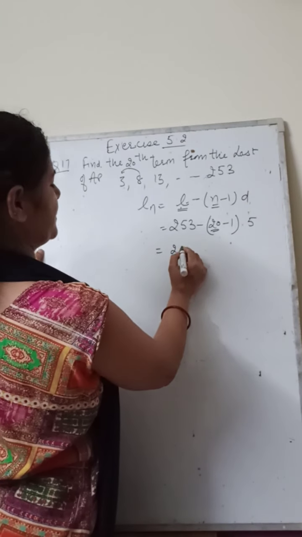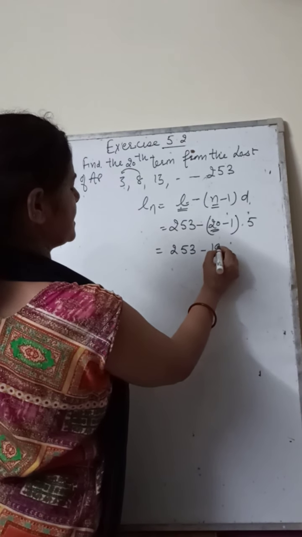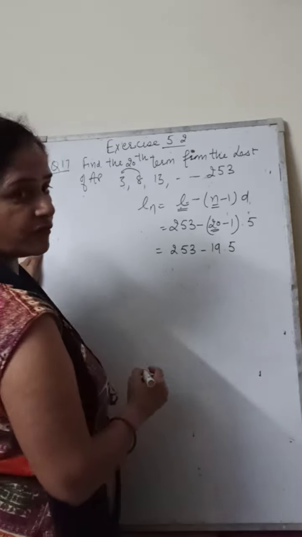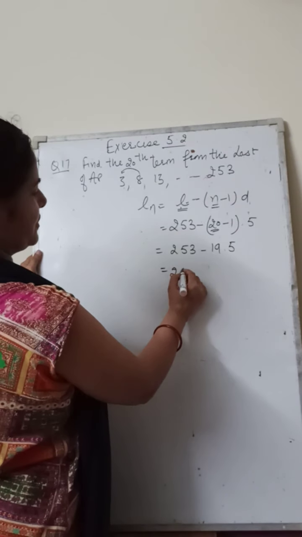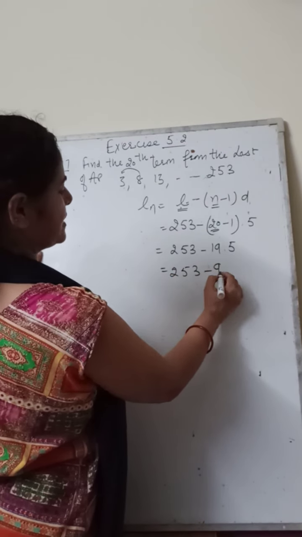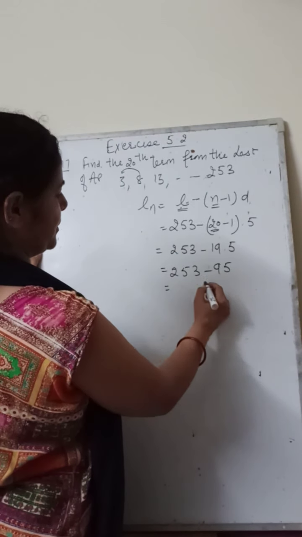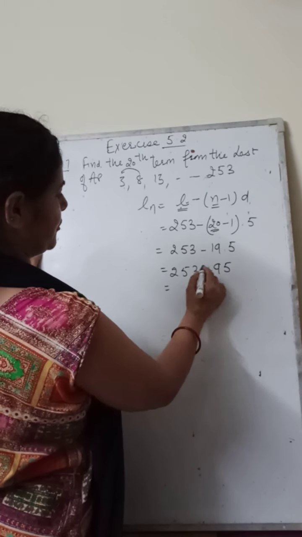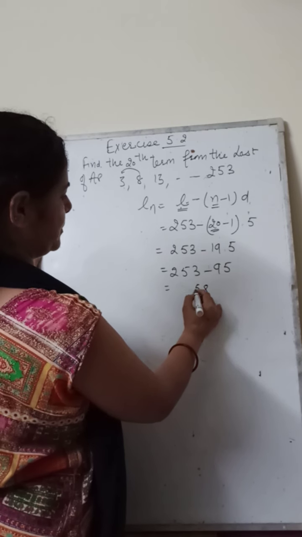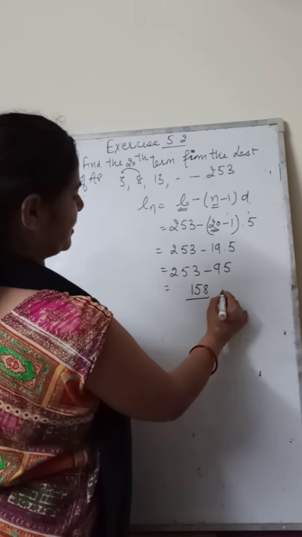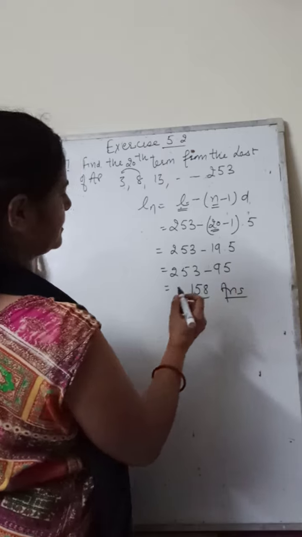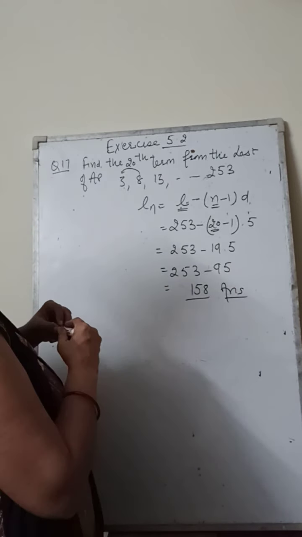So it is 253 minus 19 into 5. It is 253 minus 95. It comes out to be 158. Very easy, है ना?